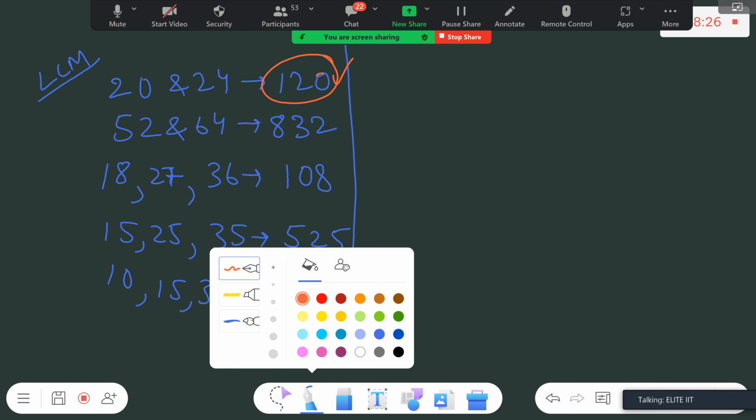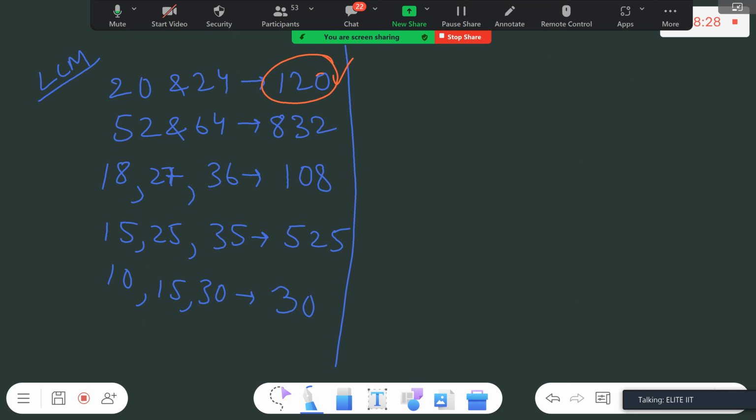Okay, next we'll check for 18, 27 and 36. First check whether you have any prime number that can divide all 3 of them. Can you divide all 3 by the lowest prime number 2?